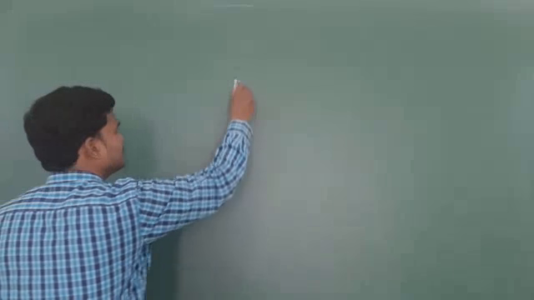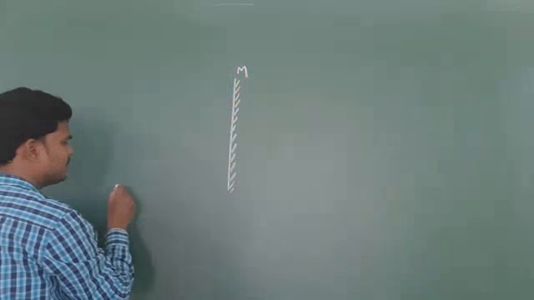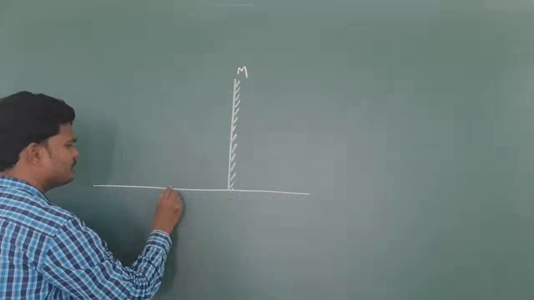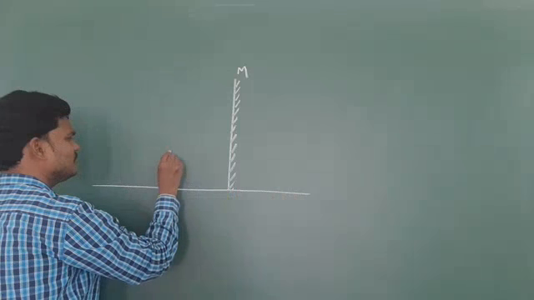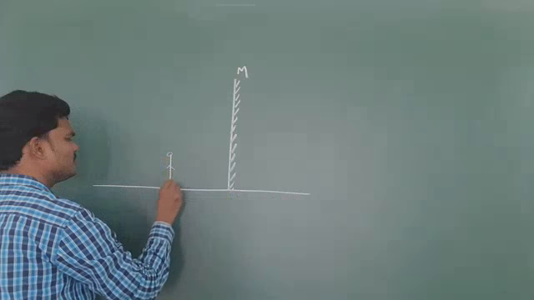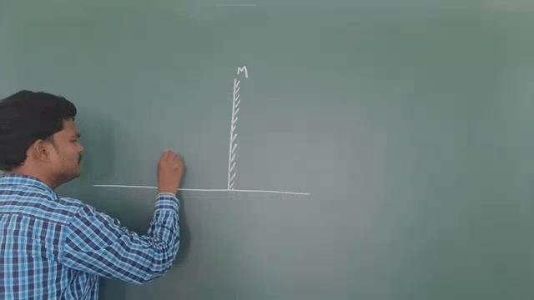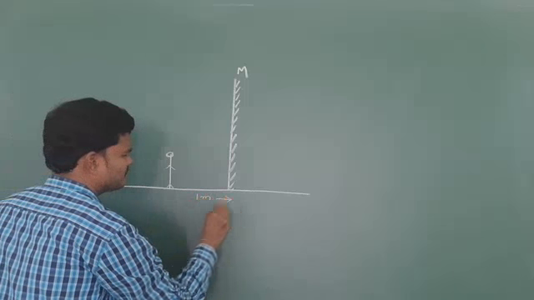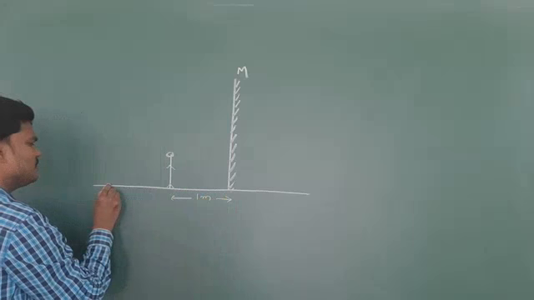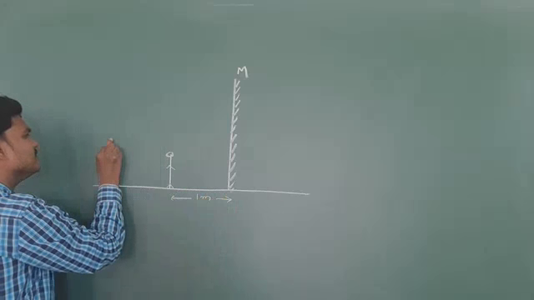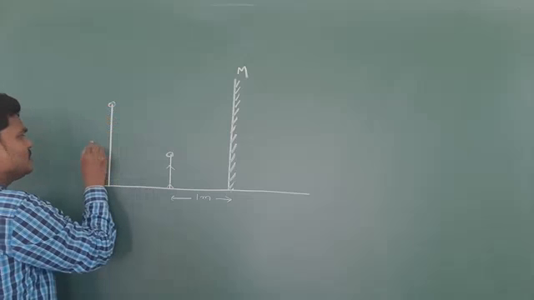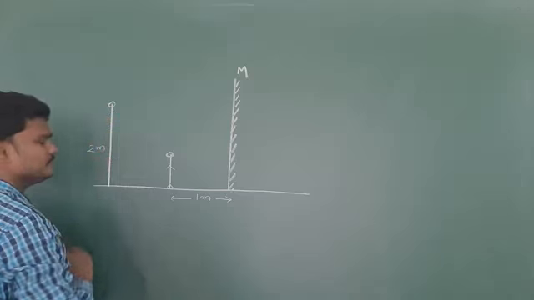They have given this diagram, this is the mirror, and here an object is placed. Let us suppose the object is one more person, a boy, at a distance of 1 meter. The observer is standing behind the boy, whose height is 1 meter, and the observer's height let us suppose is 2 meter.